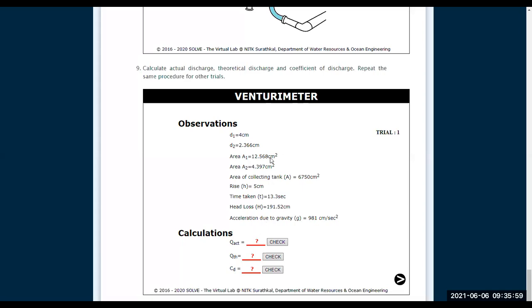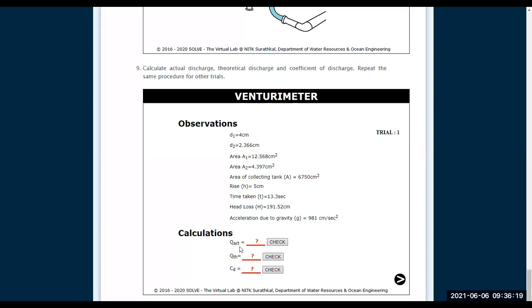Once you record the manometric reading, that is head loss, and the time taken by the collecting tank to collect a 5 centimeter head of water, and after the calculation of areas, the next calculation is the actual discharge and the theoretical discharge.